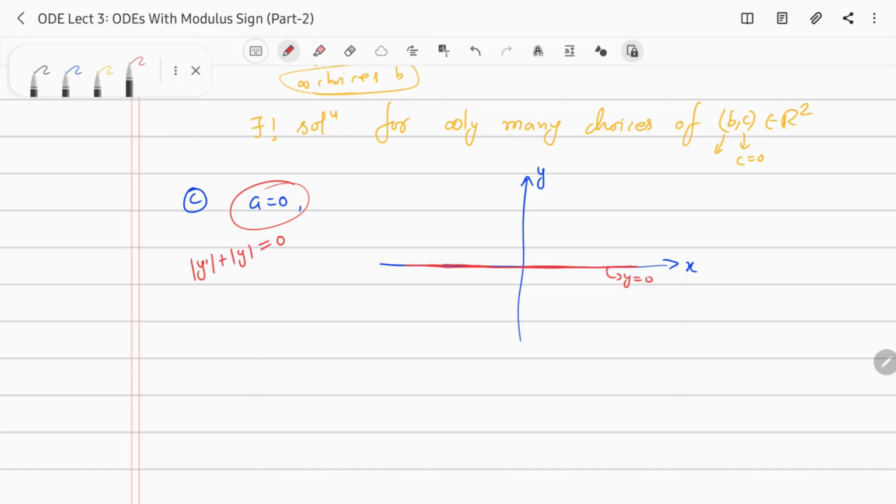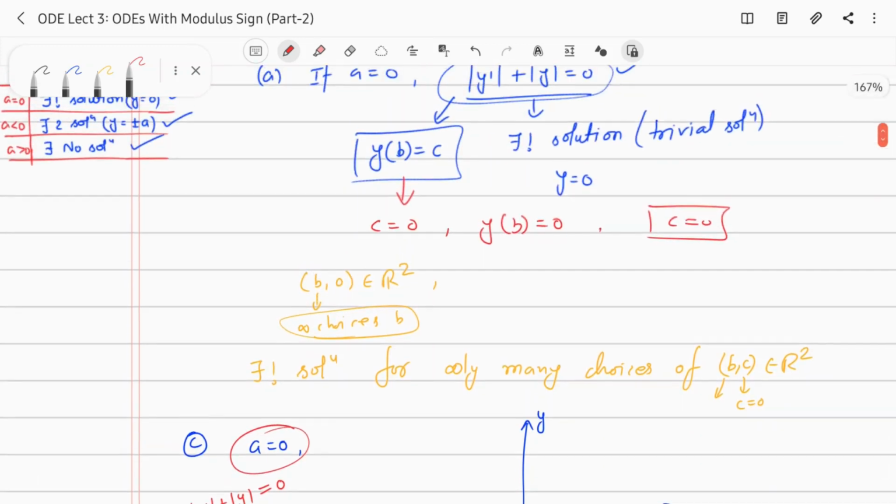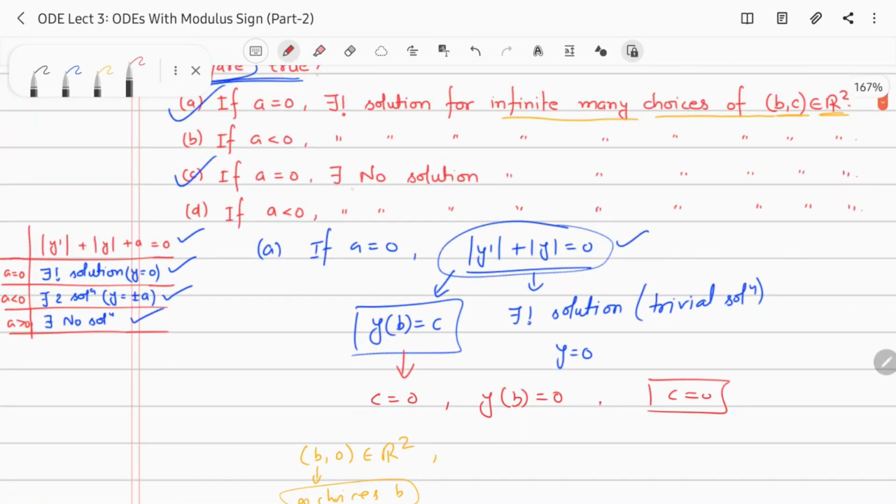So now the option says that if A equal to 0, there exists no solution for infinitely many choices of (B, C) belonging to R square, right?